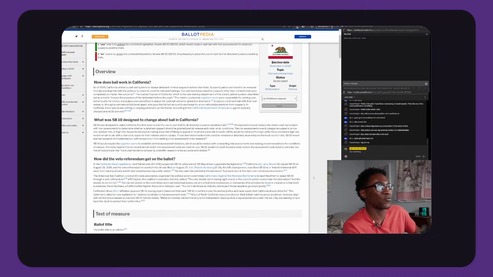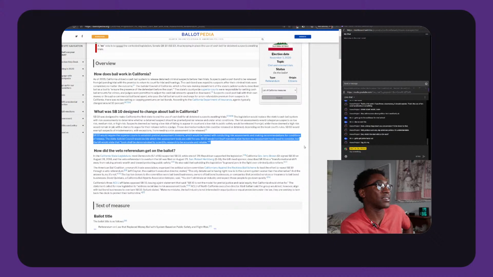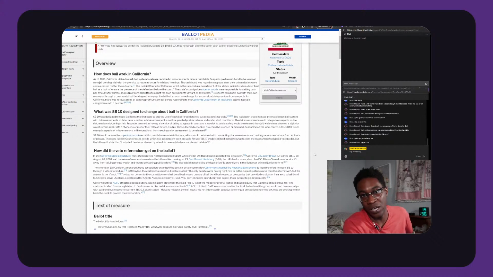And it doesn't even really assess or show what assessment tools will be considered or mandated, and there's not much scientific research to prove that these new assessment tools would be accurate and reliable. So it's like we'll end cash bail with these new assessment tools, but it could be that the assessment idea is worse or more discriminatory.